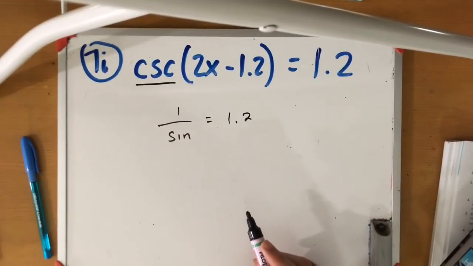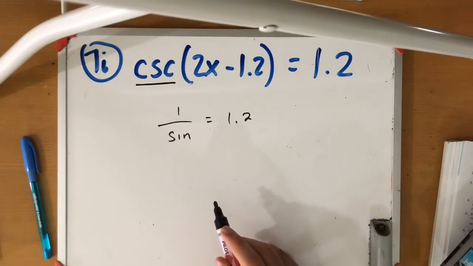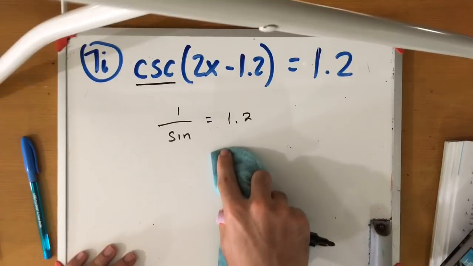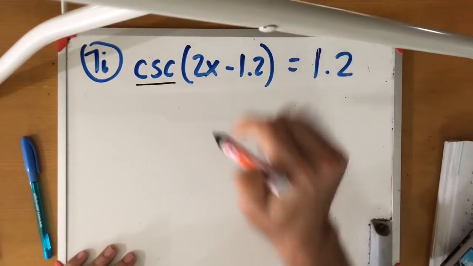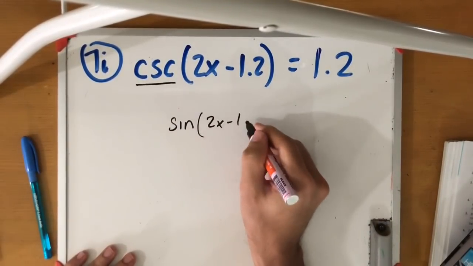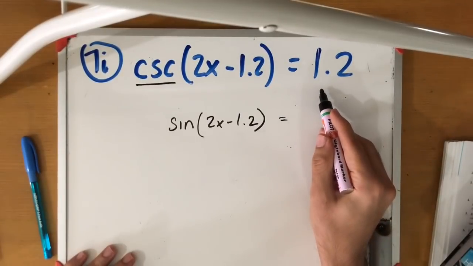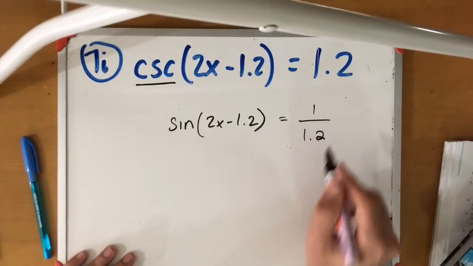Now, we're going to change this up a bit since it's hard to interpret. How about we just do sine of 2x minus 1.2 and take the reciprocal of this, which is 1 over 1.2.